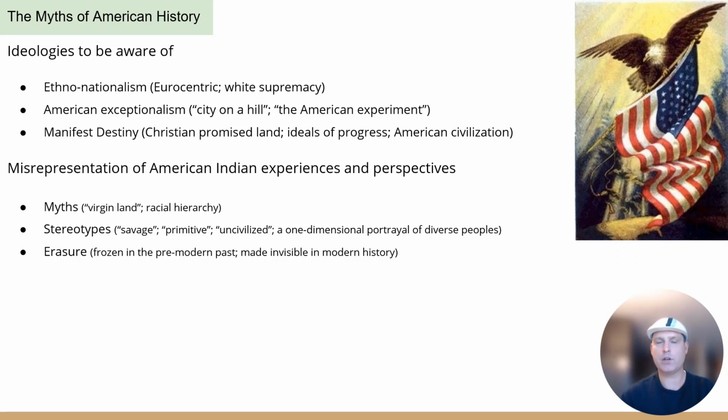There's a number of stereotypes for American Indians as quote-unquote savages or quote-unquote primitive or quote-unquote uncivilized. And in addition, there's often a one-dimensional portrayal of American Indians as kind of this monolithic group of stereotyped people, when in reality there's an incredible amount of diversity in the tribal histories of Native America.